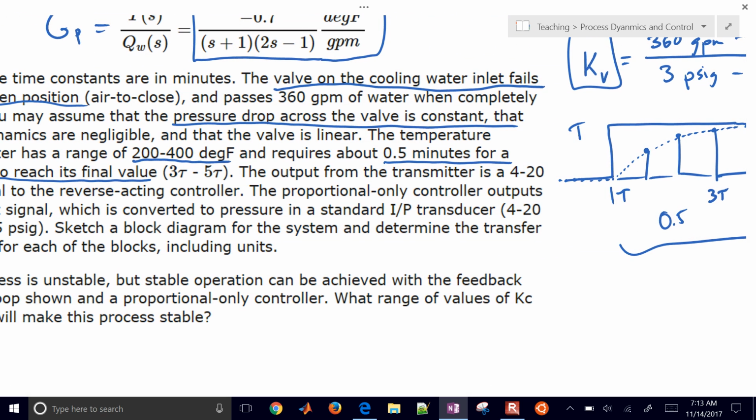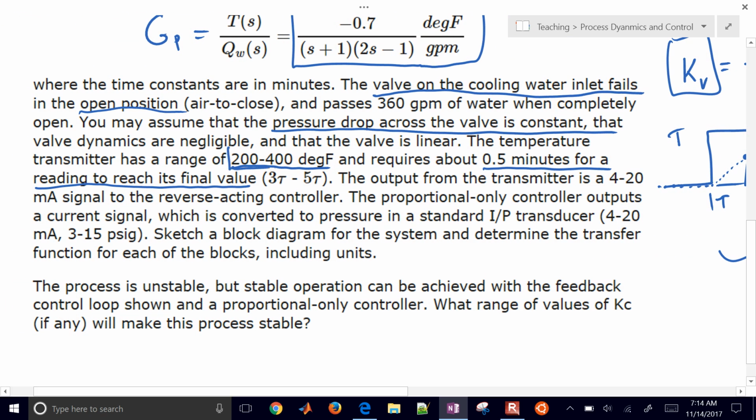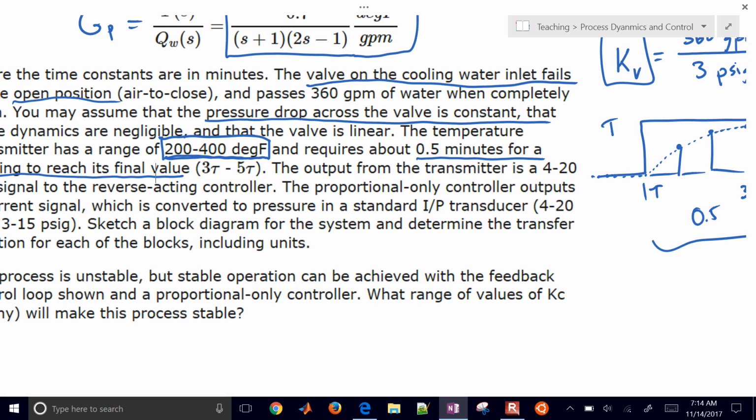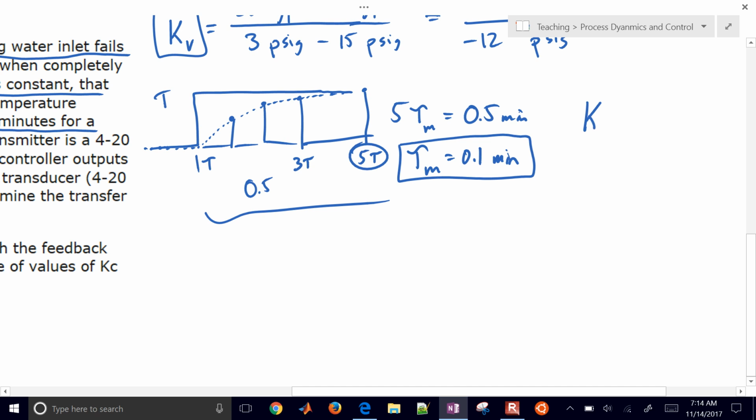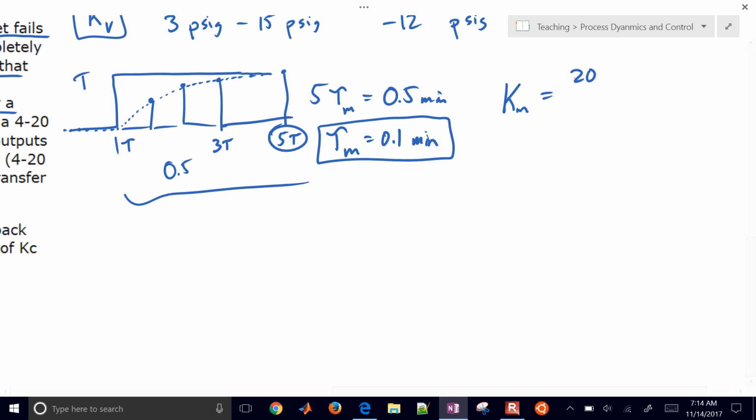Let's see if we can get the gain from it as well. We had the 200 to 400 degrees Fahrenheit, and we can assume a 4 to 20 milliamp signal for the 200 to 400. So let's get our measurement gain. If we need to convert into milliamp, at 20 milliamps we're going to be seeing a 400 degree Fahrenheit temperature, and at 4 milliamps we'll see 200 degrees Fahrenheit.